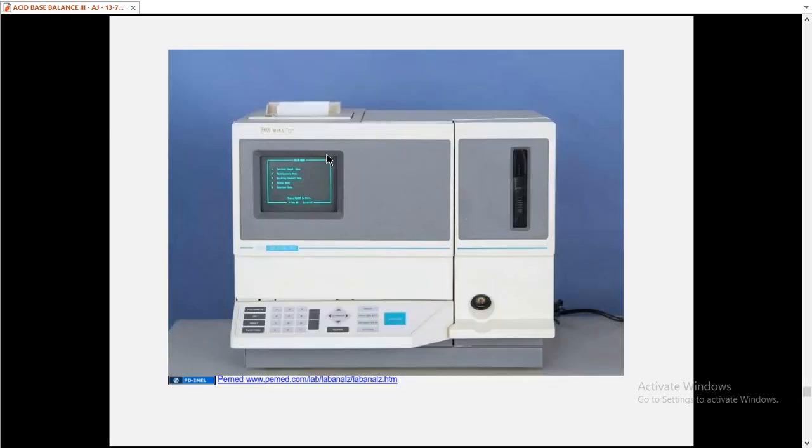In the ICU setting, we have a machine placed in ICUs that can instantly check and give the report of the ABGs.